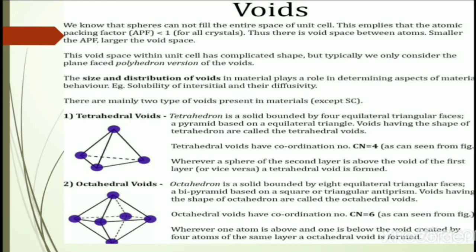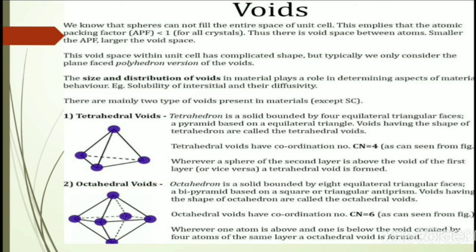The voids having the shape of a tetrahedron are called tetrahedral voids. In tetrahedral voids, the coordination number is equal to 4, because it is surrounded by 4 atoms at the 4 corners. Whenever a sphere of the second layer is above the void of the first layer and vice versa, then the tetrahedral void is formed.